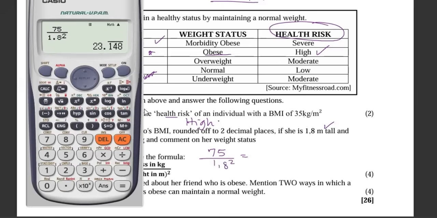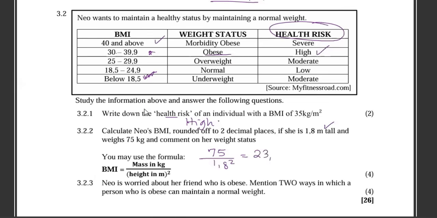So the answer is 23.15. Don't forget the units. So they said, that is it. Oh, comment on her weight status. 23 is in between this. It's 23.15, which is around here. So look at what she has.